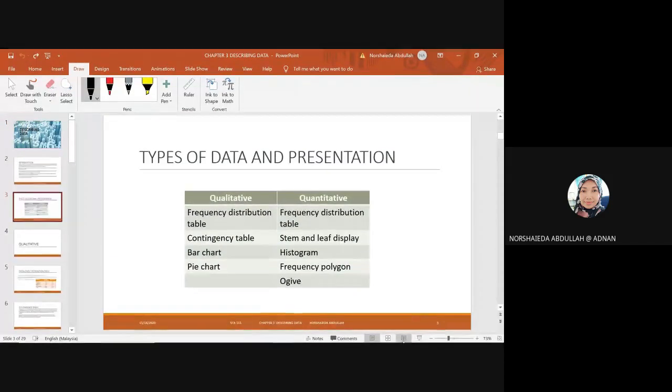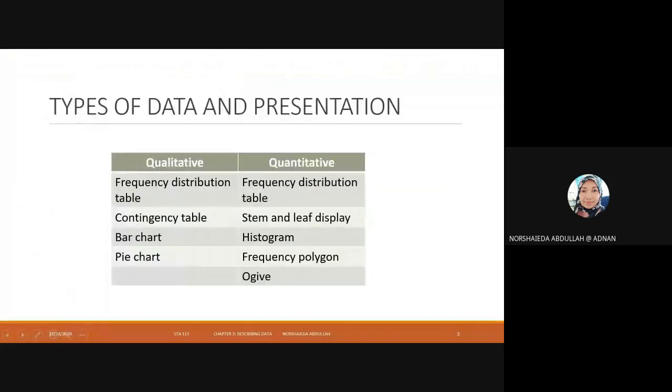Okay, as I already mentioned in last lecture, there are two types of data. The table or chart that we can use to present the qualitative data: we can use the frequency distribution table, contingency table, and for chart, we can use either bar or pie chart.